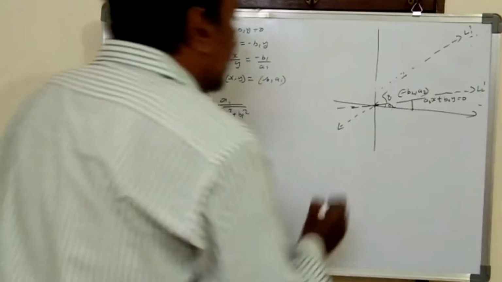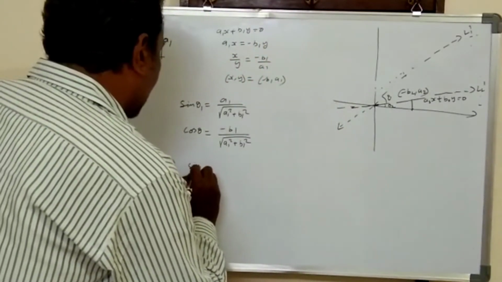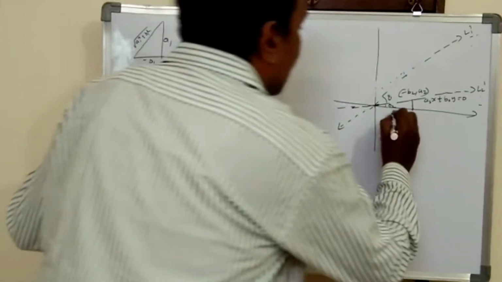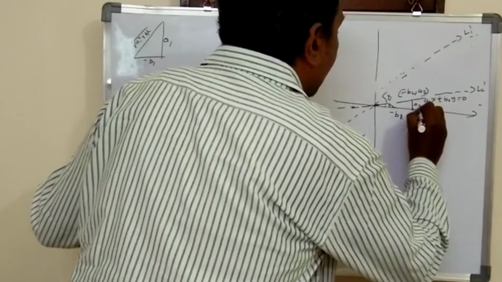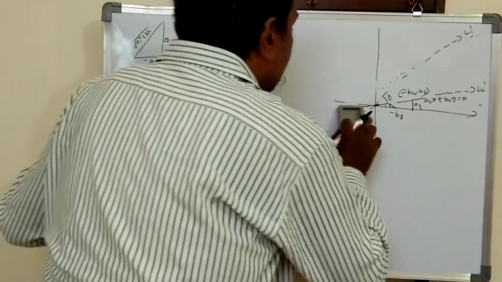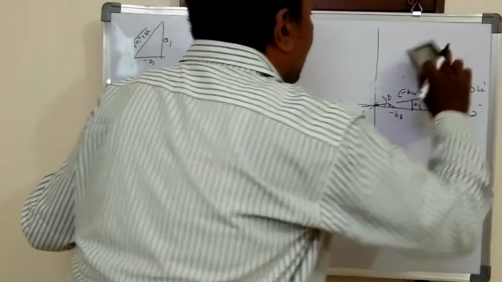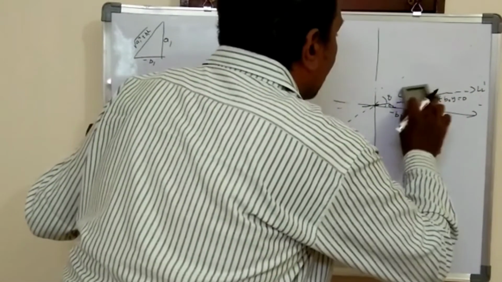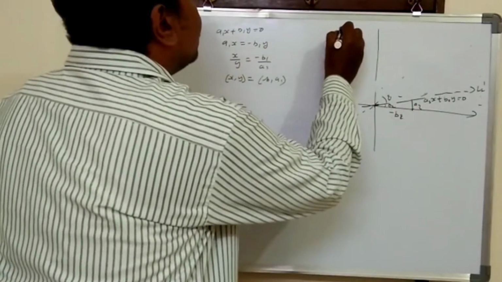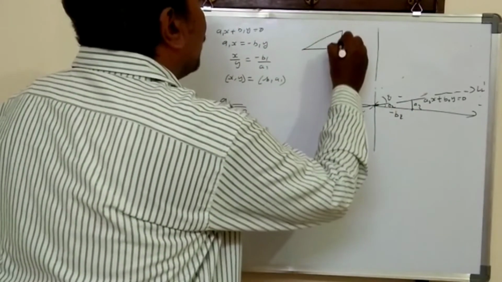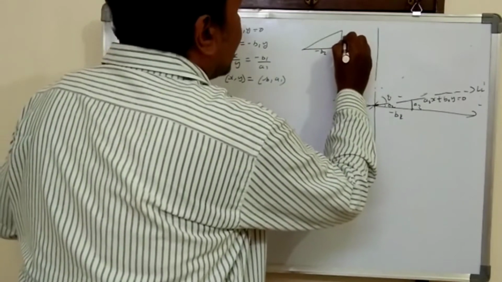As usual, you take sin theta 2. I am erasing this so that you won't get confused. Here we got another right angle triangle. The adjacent side is b2 and the opposite side is a2.